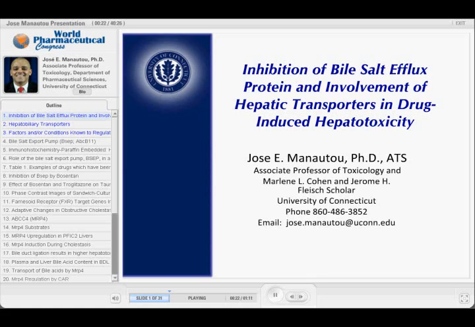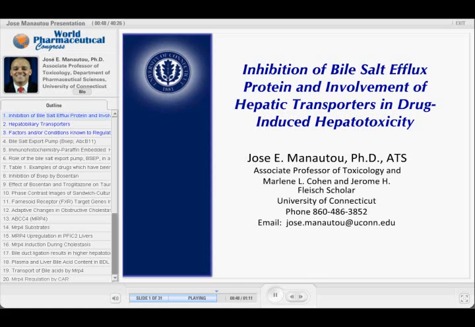Most of my work deals with acetaminophen hepatotoxicity, and for about the last 5 years or so, we have concentrated on looking at the role and function of transporters in liver, and the role that transporters play in dictating susceptibility to chemicals and drugs that have hepatotoxicity liability.